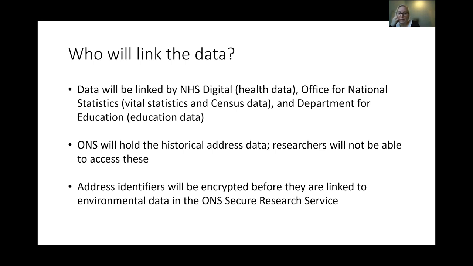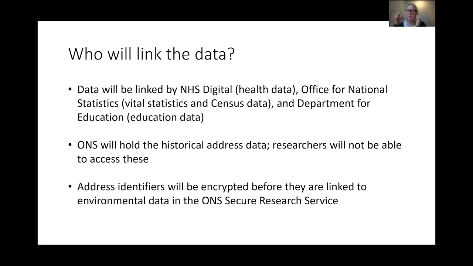And all the data that's going to be made available to researchers will be made available in the Office for National Statistics Secure Research Service, which is the national trusted research environment. I think it's one of the oldest ones, has been around for ages, and ONS are doing a lot of improvements to it now. We're working with ONS on the idea that researchers would be able to hold environmental data.